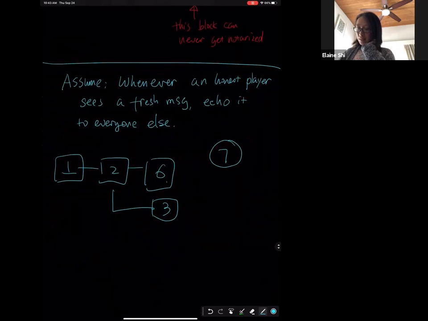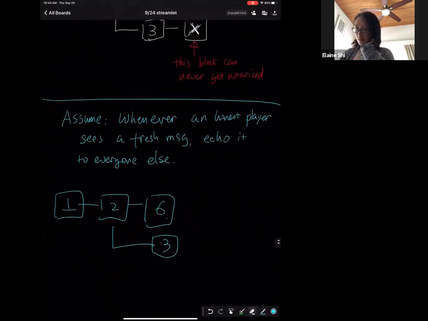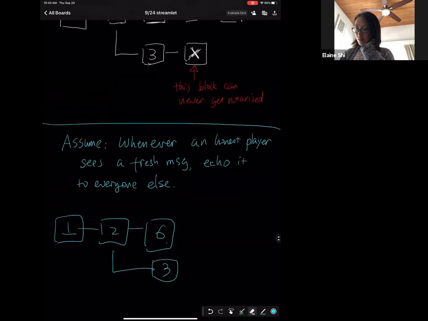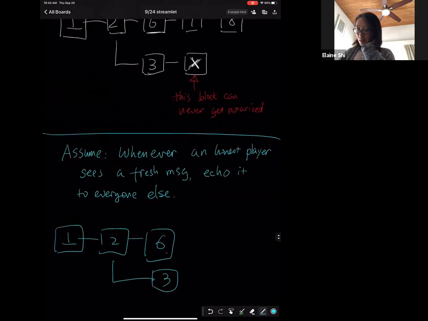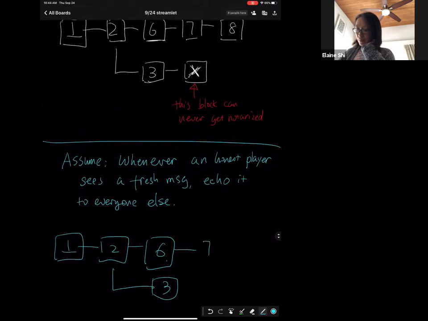It's not the leader of 7, it's a random player who didn't see 6 being finalized, notarized. So 6 is not notarized, but they see a node 7. So you're saying 7 proposes this block, and I receive this proposal, but I haven't seen 6 notarized.